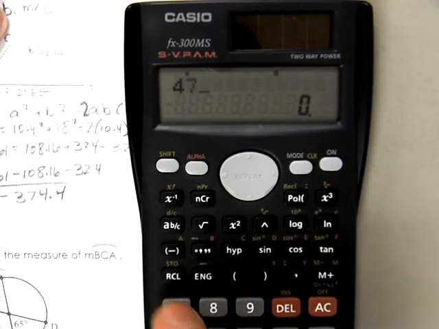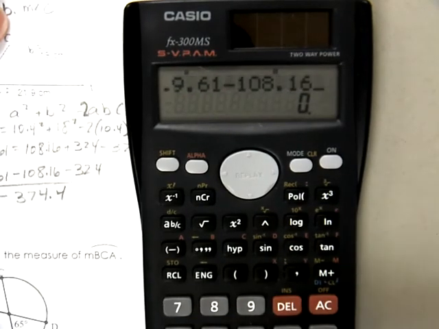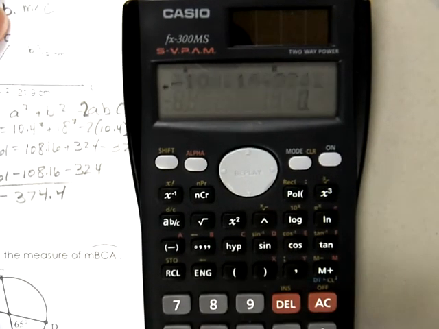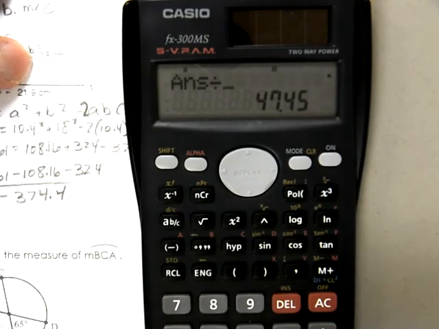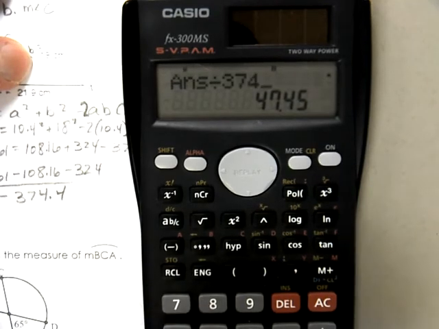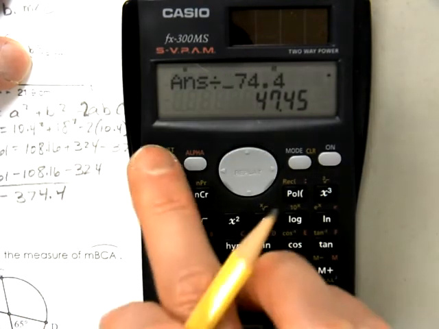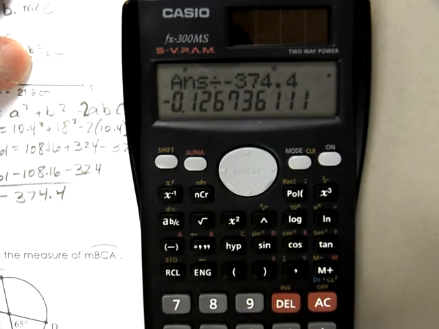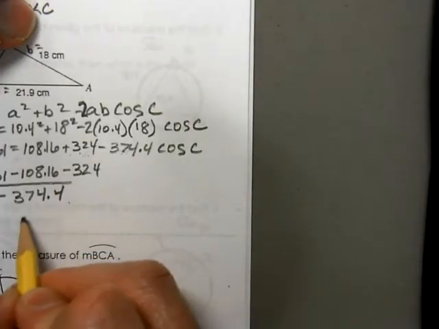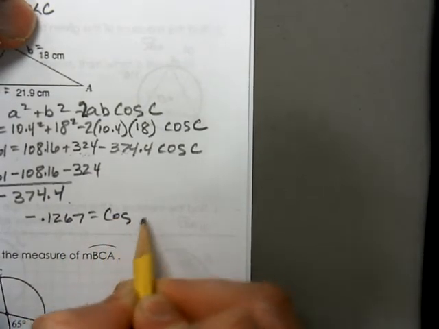So we're going to take the 479.61 minus the 108.16 minus the 324 and divide that by 374.4. And that's actually a negative number. And I'm going to get negative 0.1267 equals the cosine of C.